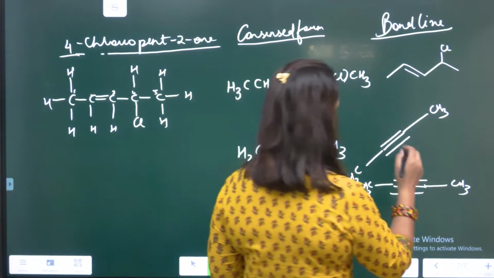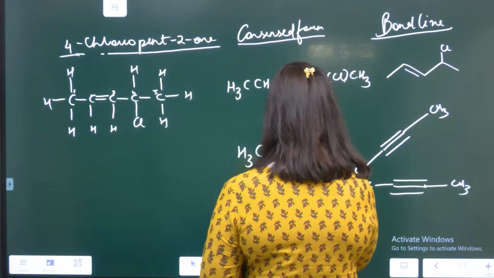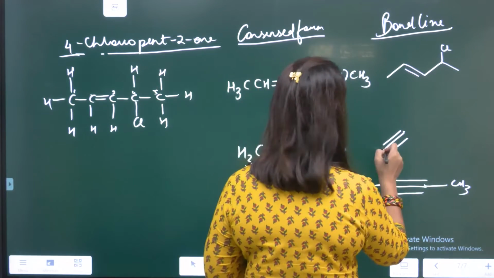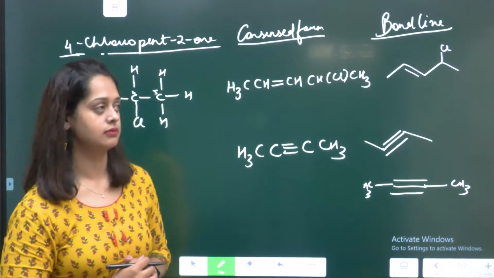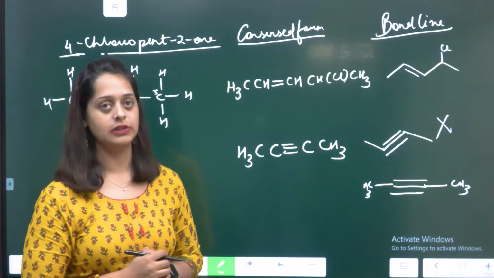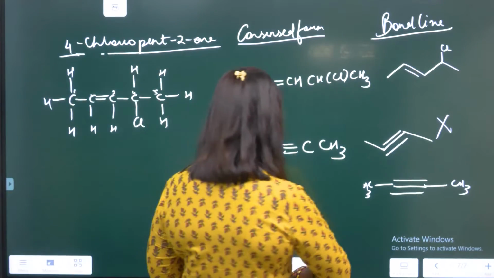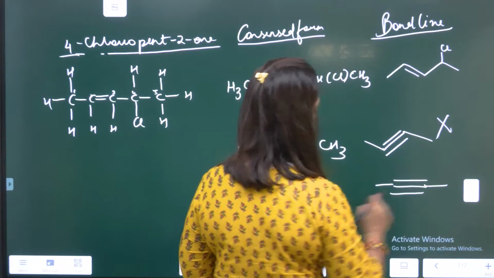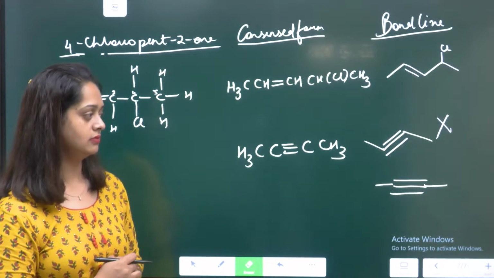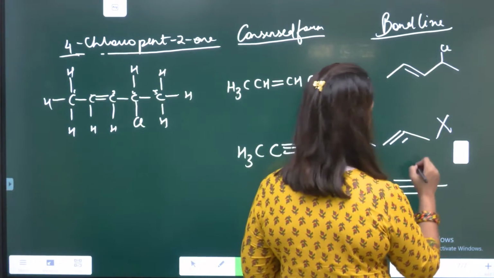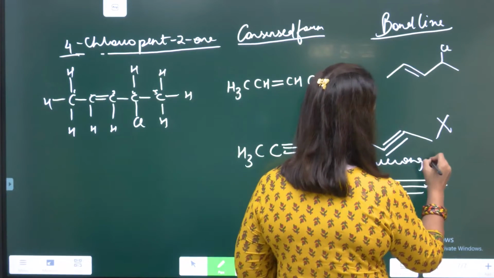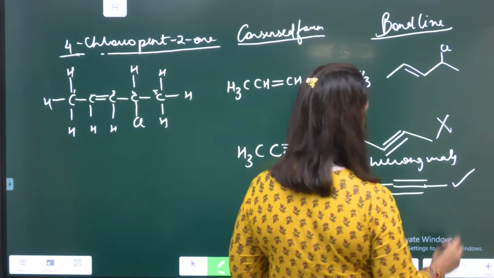You cannot do it like this. So this cannot be done. This is wrong. In the case of triple bond, you cannot do this. What you can do is this. Clear? This is the wrong way. Yes, ma'am. This is the wrong way of representation. What is the correct way? This is the correct way.